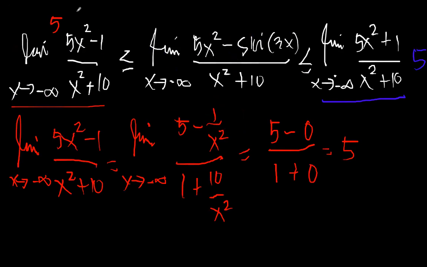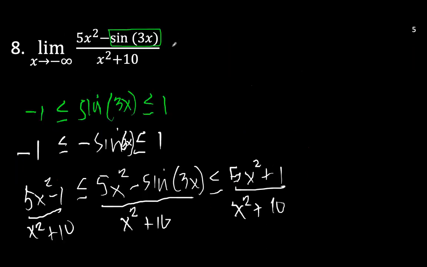And if we compare, the limit of the given function is sandwiched or squeezed between the values 5 and 5, which means that there are no other values between 5 and 5 except 5. So it implies that the limit of this problem is equal to 5.